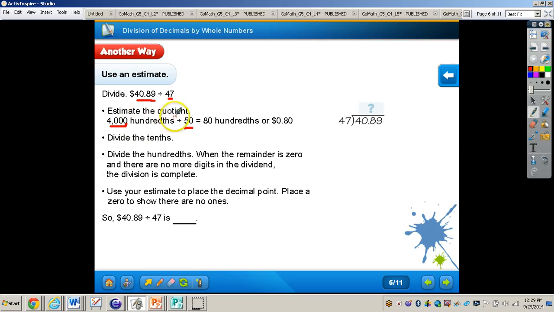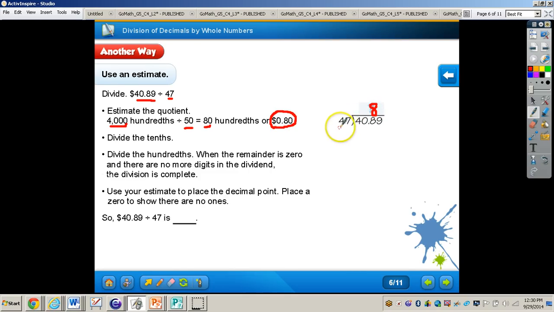So 4,000 hundredths divided by 50 is going to give us 80 hundredths, or 80 cents. Then from here, we can take a look at this and divide. We know 47 is not going to go into 4 or 40, but it can go into 408. We're going to say 8 times, so let's write that in there.